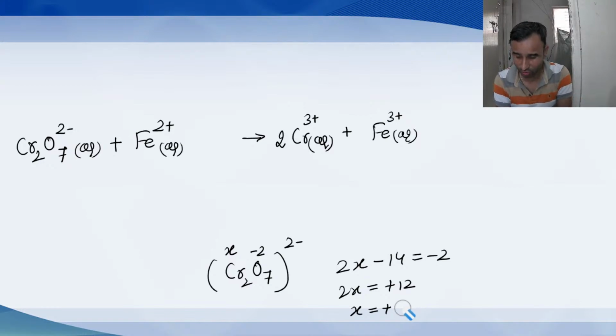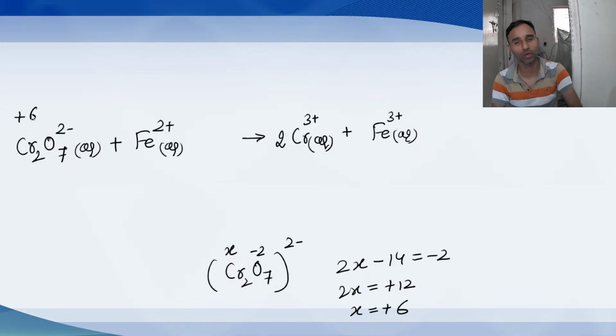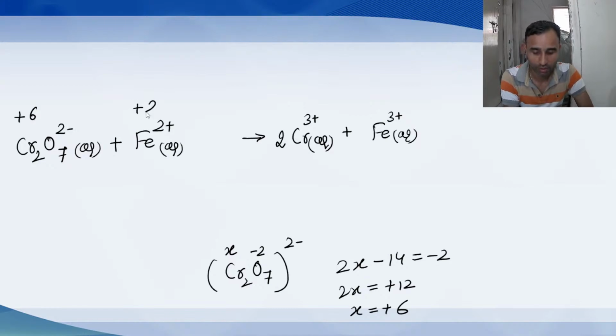Sorry, x is equal to plus 6, because 2x equal to plus 12. So the oxidation number of chromium in dichromate is plus 6. Iron, it is iron, so the charge on the iron is taken as its oxidation number. Here it is plus 3, Fe3 plus, again plus 3.